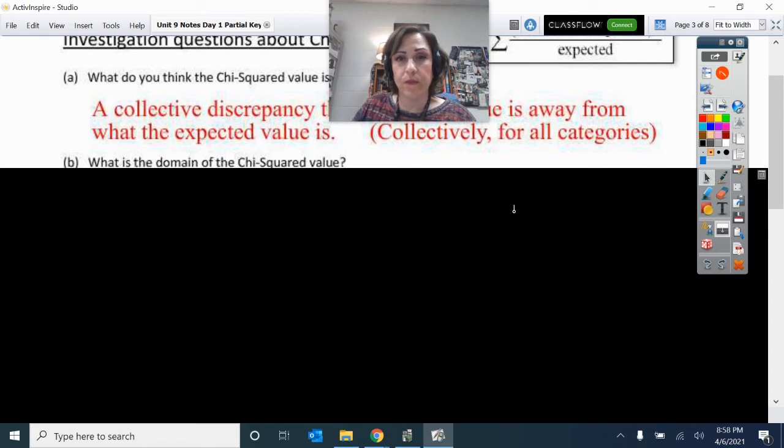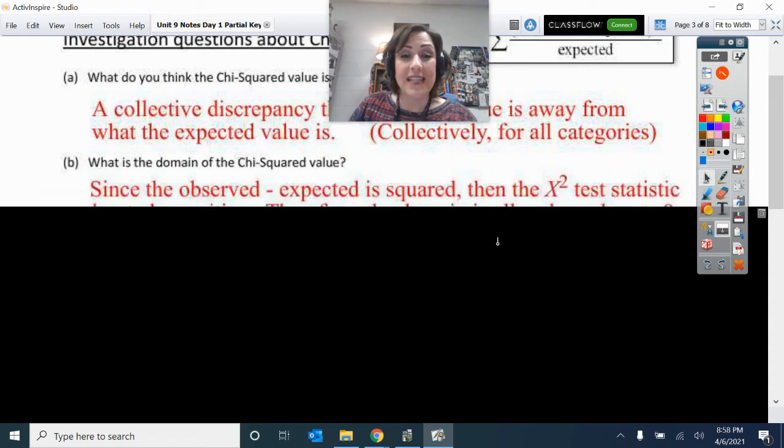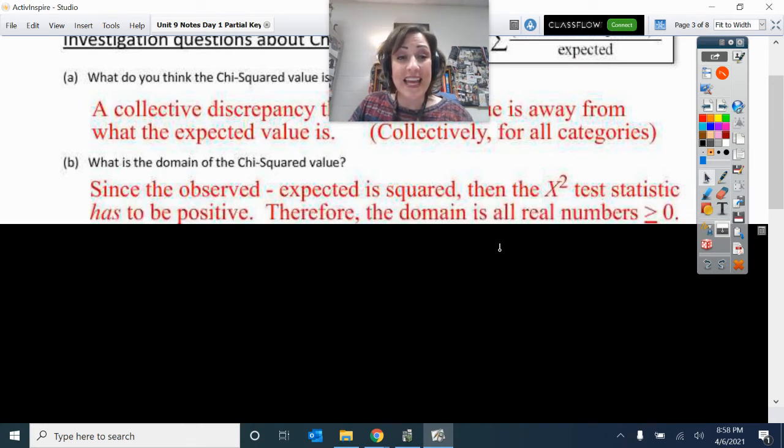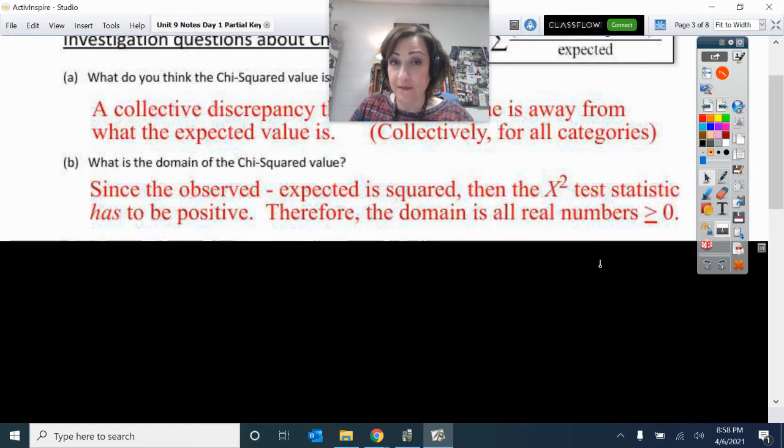What do we got? Well, they're chi-squareds. Since the observed minus expected is squared, what do you have to say about that chi-squared test statistic? It's got to be positive. Therefore, the domain is all real numbers greater than or equal to 0. Very interesting.